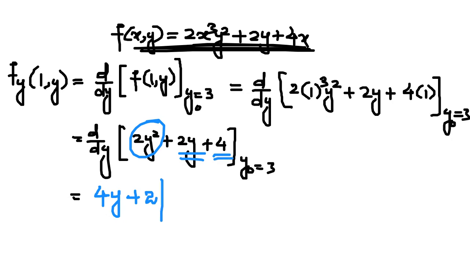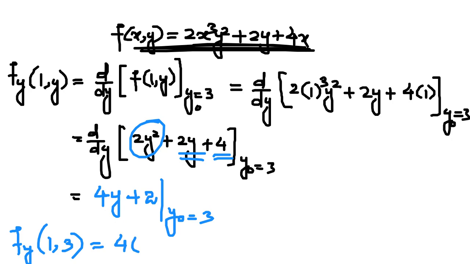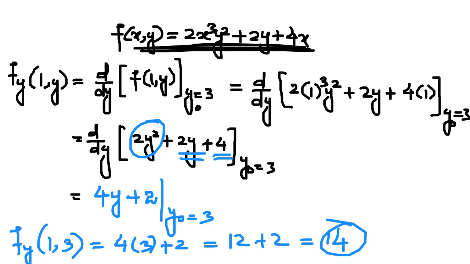Okay, now you have to substitute y naught is equal to 3. So f of y at point 1 and 3, which is equal to 4 into 3 plus 2, which is equal to 12 plus 2 is equal to 14. Okay, this is for method 1. Similarly, you can find the same partial derivative with the second method.